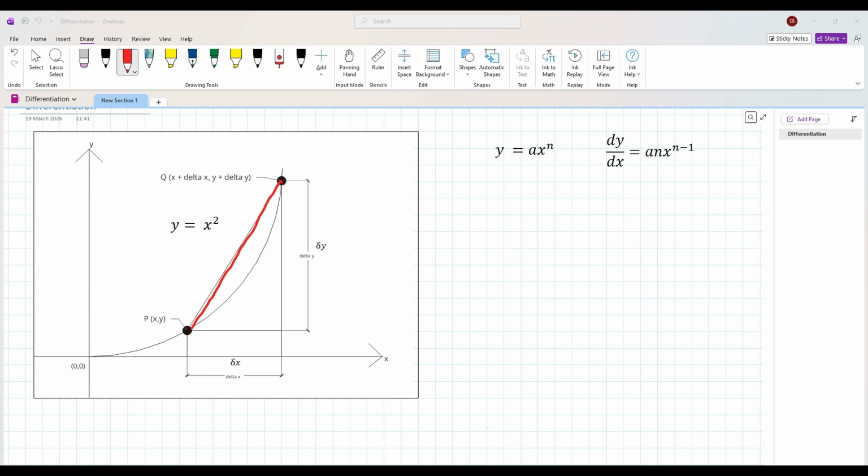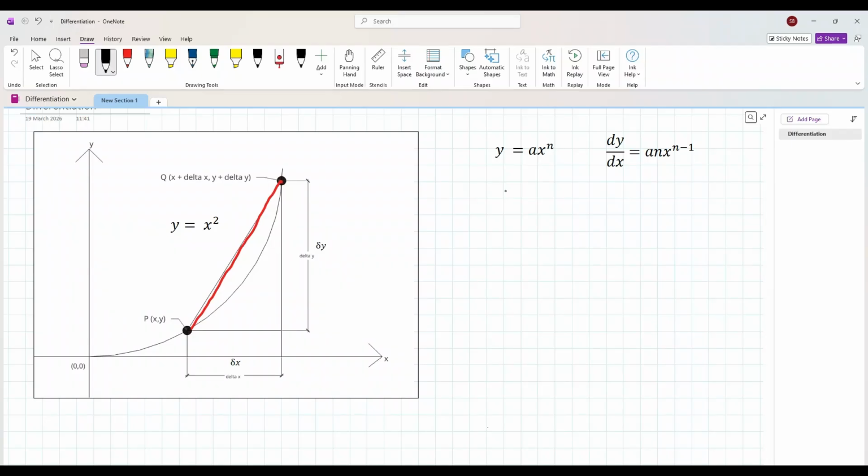The gradient of the chord is therefore delta y divided by delta x. Our aim is to reduce point Q to as close to point P as possible. This means delta x tends to 0 because it gets smaller and smaller. The aim is to find the ratio delta y divided by delta x algebraically.